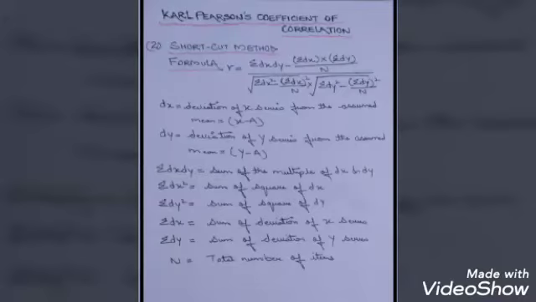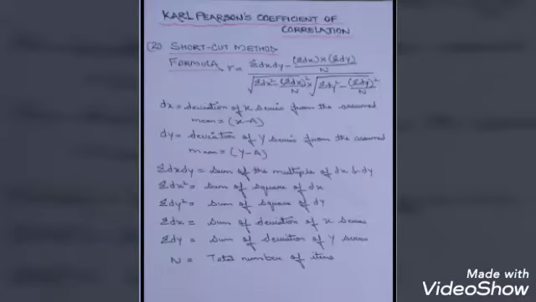Now the deviations of the two series are multiplied as dx dy, and the products are later added up to obtain sigma dx dy. Then not to forget that the squares of the deviations, dx square and dy square, are added up to find sigma dx square and sigma dy square.